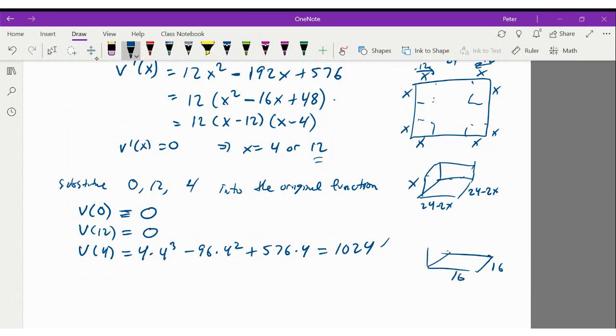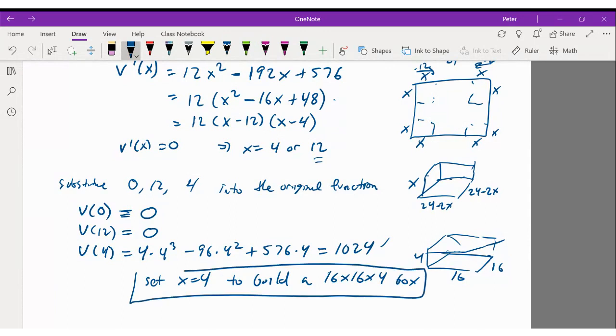So this is a 16 by 16 by 4 box. What you want to do is set x equal to 4 to build a 16 by 16 by 4 box, and these are the dimensions of the box with the largest volume that can be built in this way.